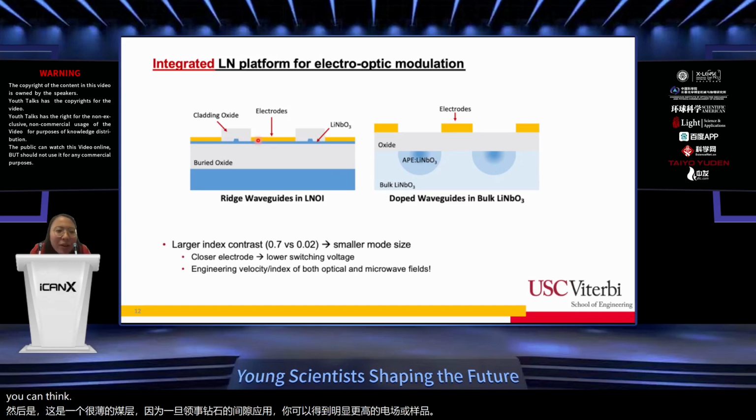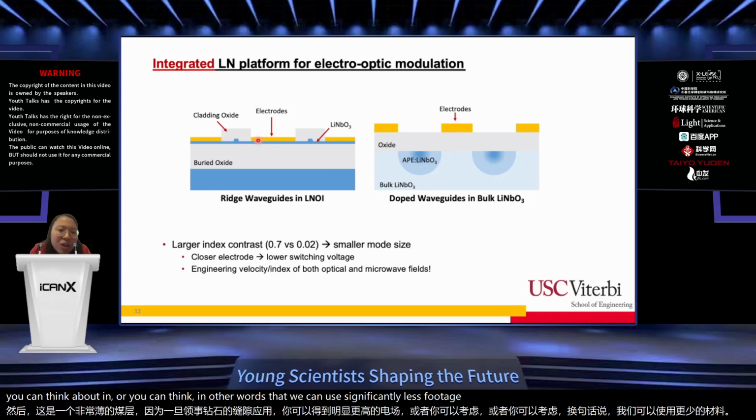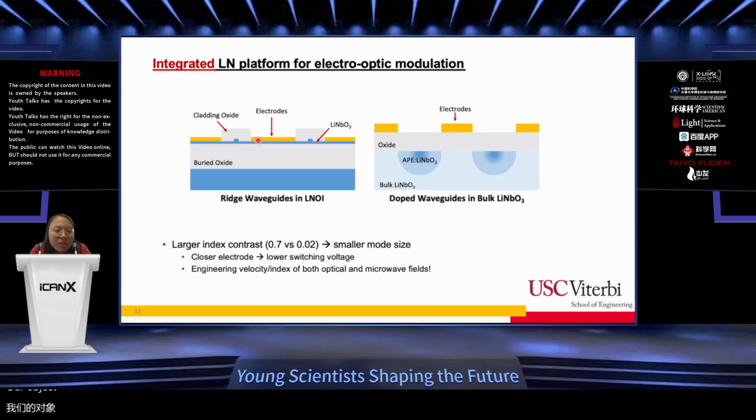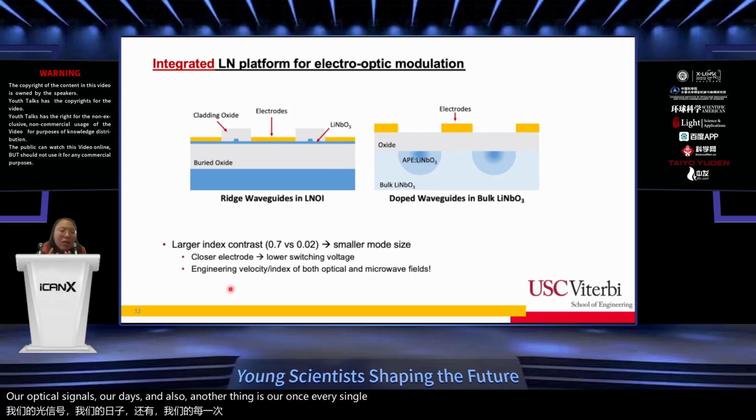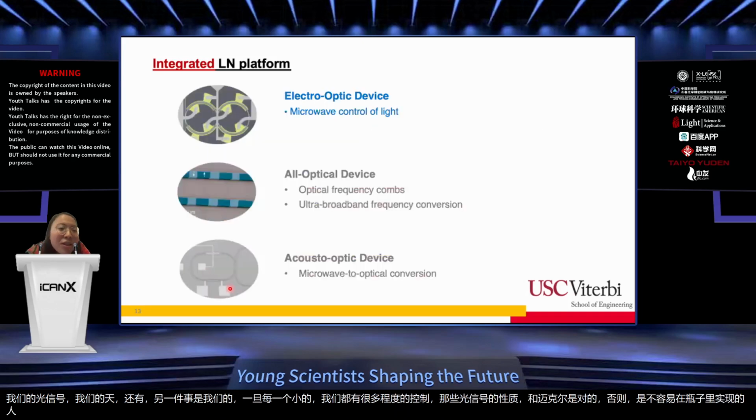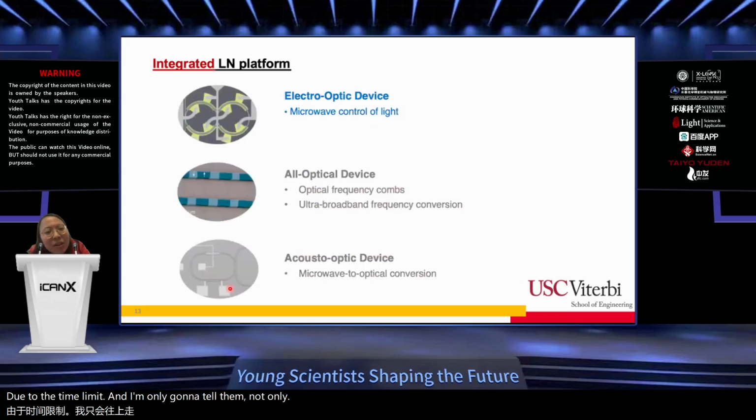Or in other words, we can use significantly less voltage or energy consumption to tune our optical signal or turn our optical signals on and off. And another thing is, once everything goes small, we have a lot of degrees of control over the properties of both optical signal and microwave signal, which is otherwise not easy to achieve in the bulk domain. Due to the time limit, I'm only going to introduce 2 or 3 of the recent devices that we developed based on this electro-optic interaction.